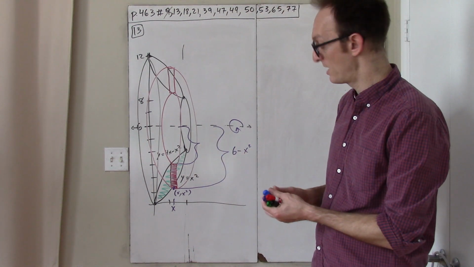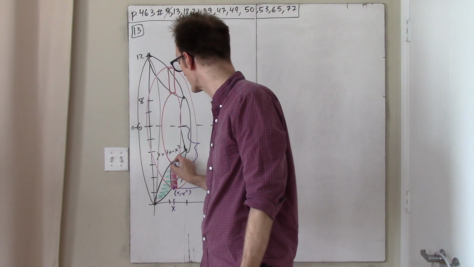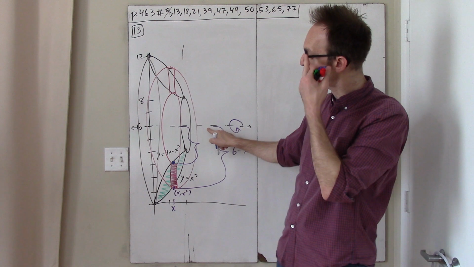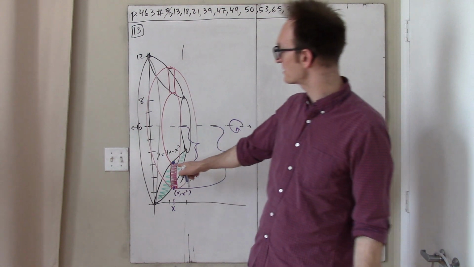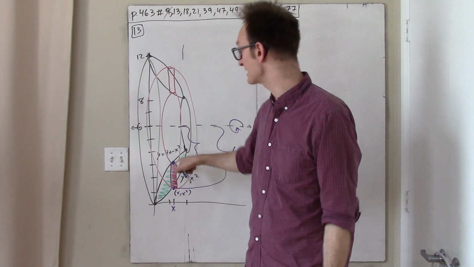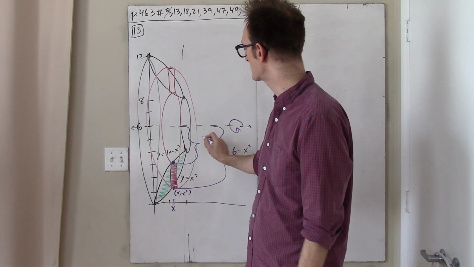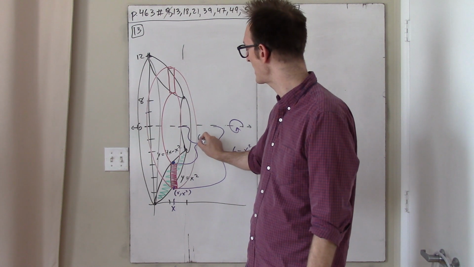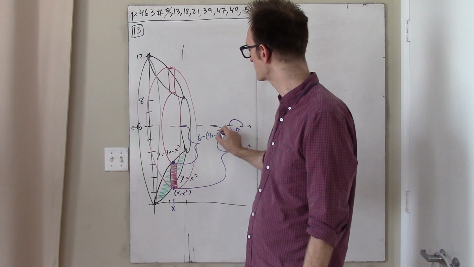It's the difference in the y-coordinate. It's the distance from the axis of rotation to the top of the representative rectangle, but the top of the representative rectangle has height, measured from the x-axis, of 4x minus x squared. And thus, this inner radius is 6 minus (4x minus x squared).